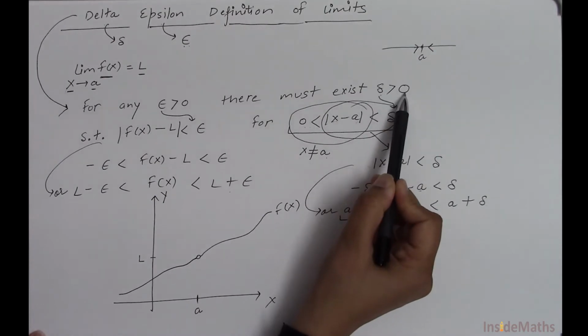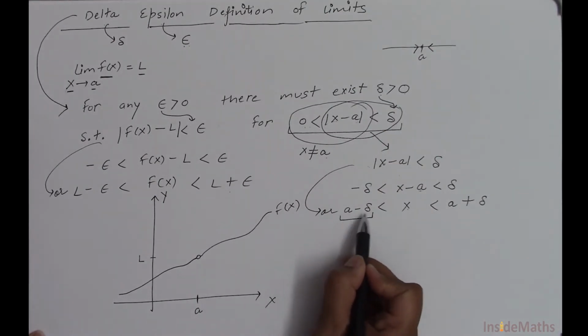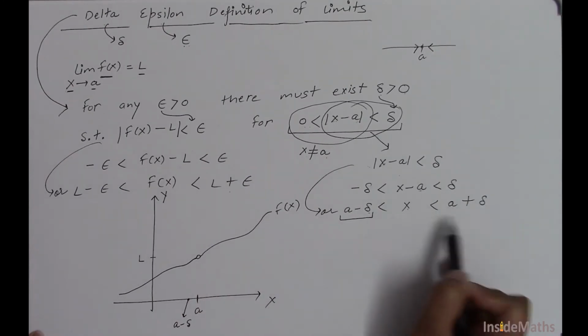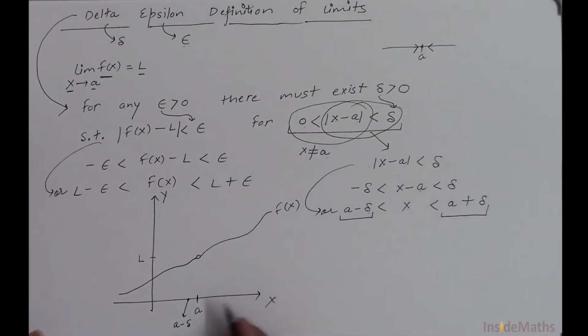Because delta is positive, a minus delta will be less than a. That means a minus delta will be here somewhere, and like that a plus delta will be more than a.